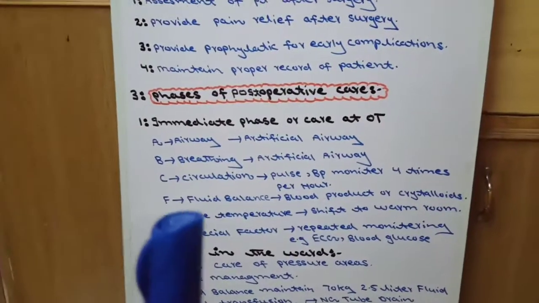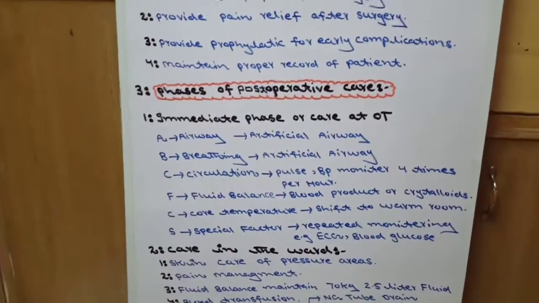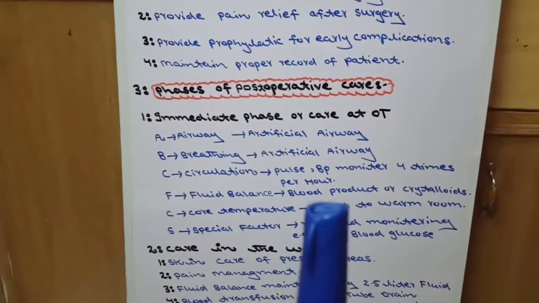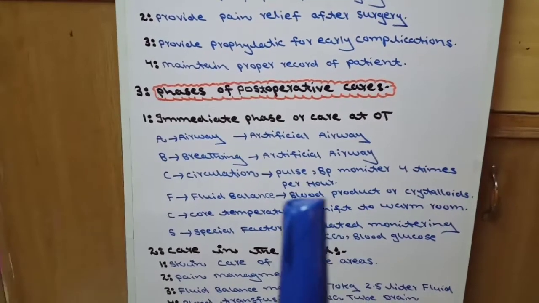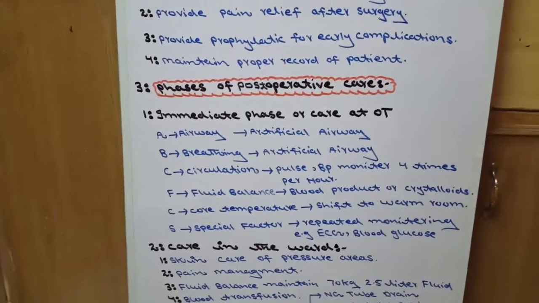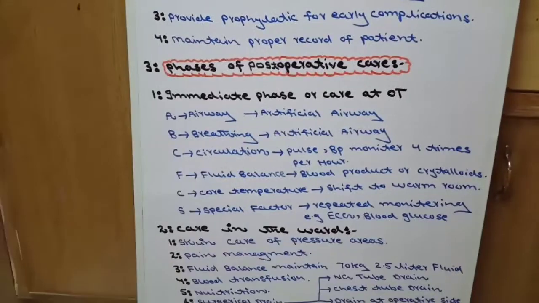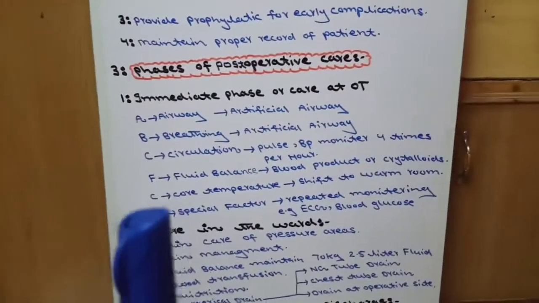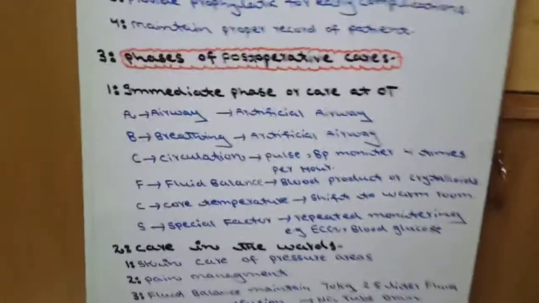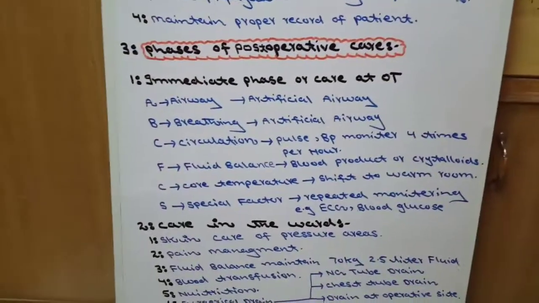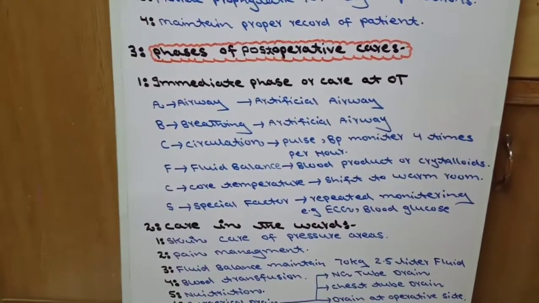Now F means fluid balance. We should provide blood products or crystalloids to the patient in order to maintain fluid balance. C means core temperature.